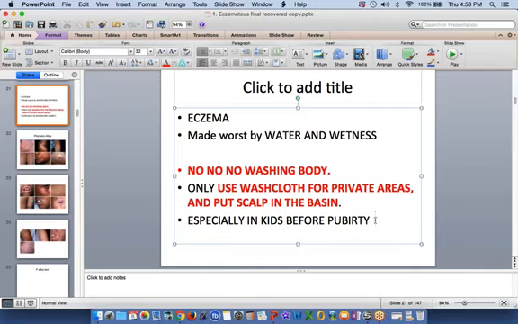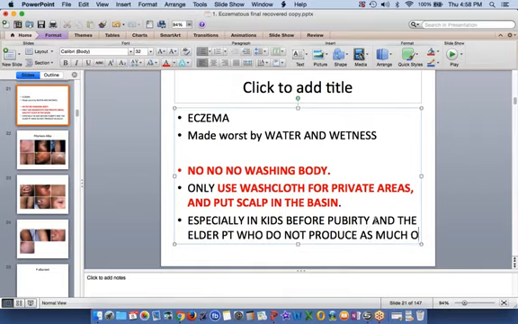So especially kids and the elder patient who do not produce as much oils.